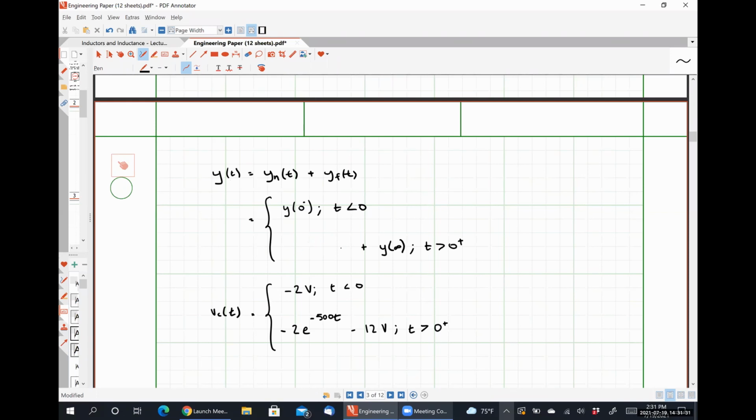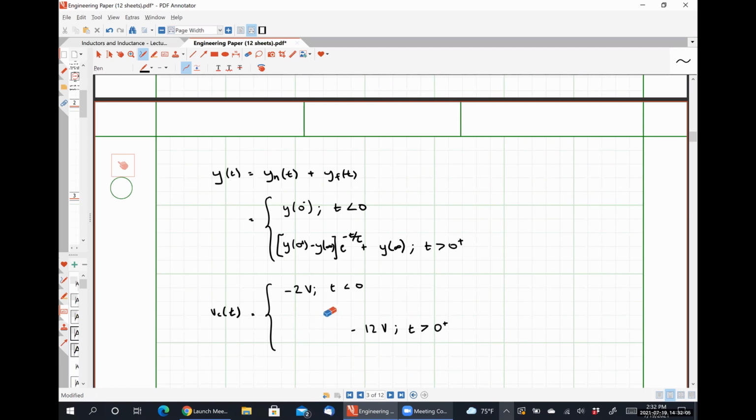So let me scooch this guy over a little bit. E to the minus t over tau. This is going to look like y at 0 plus minus y at infinity. The reason we have to subtract y at infinity, so we can't just put in our initial condition anymore, is because we have to force our capacitor voltage and in turn our inductor current to be a continuous signal, right?